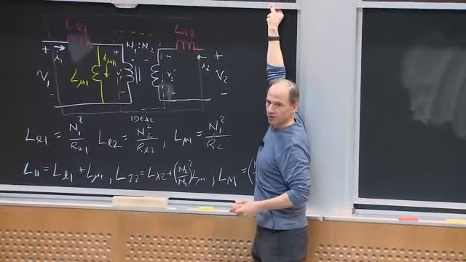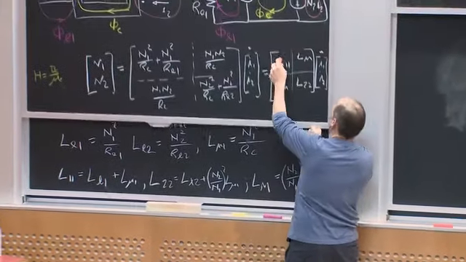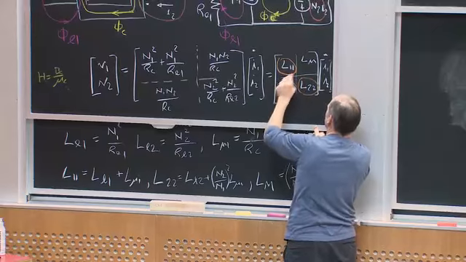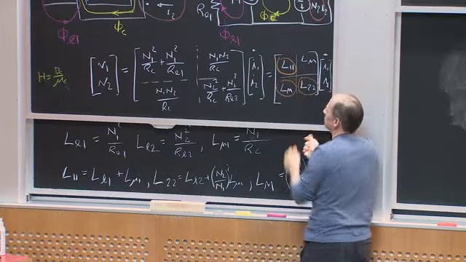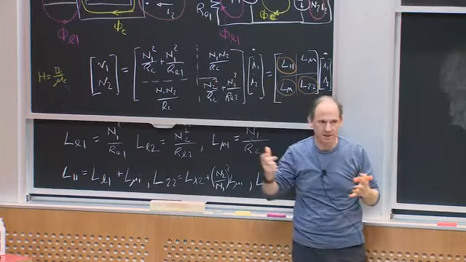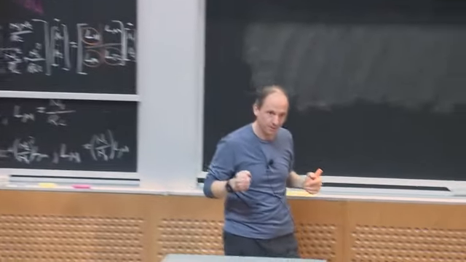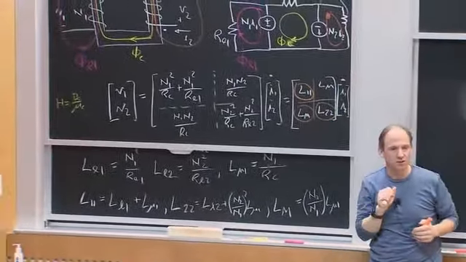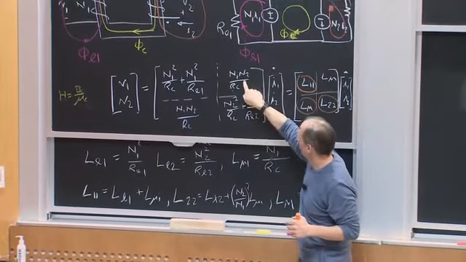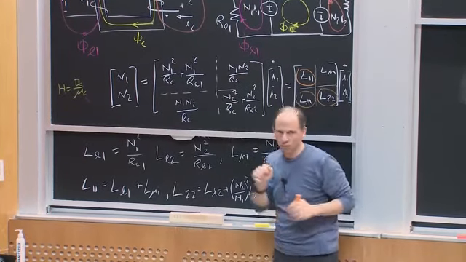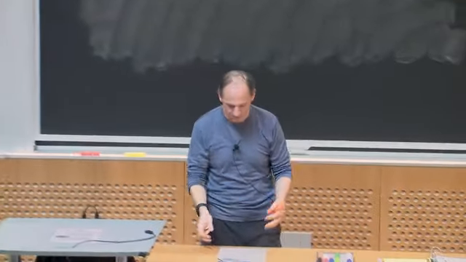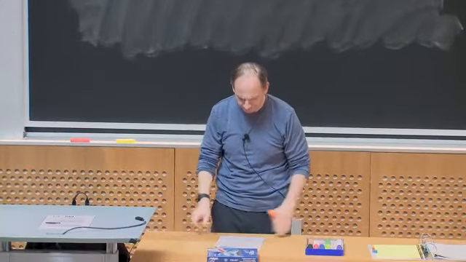It really has 3 parameters: L11, L22, and Lm. Because a magnetic component like this is a reciprocal element, the matrix describing it has to be symmetric. You can see that it's not random that these 2 elements ended up being the same thing. It has to turn out that way because of reciprocity.